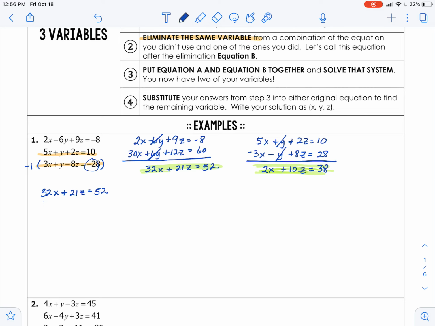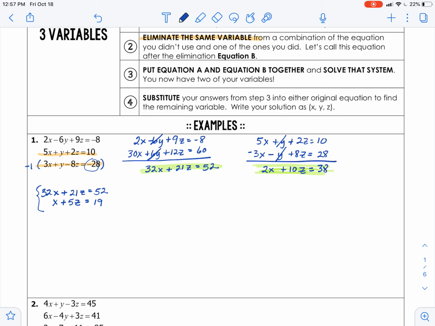If I wanted to, that 2x + 10z = 38 actually reduces to x + 5z = 19. Let me make sure I divided right in my head: 38 divided by 2, yes. So you can do that. Do you have to? No, you don't have to. But I do rewrite them over here. So now these are the two equations I'm working with.